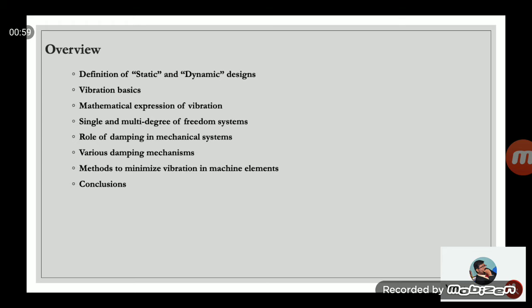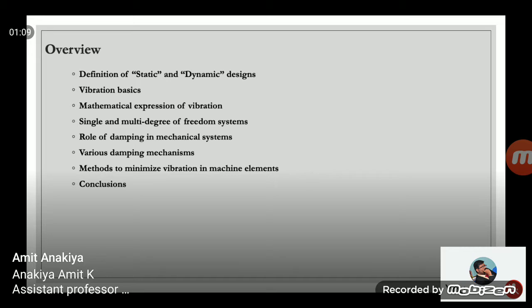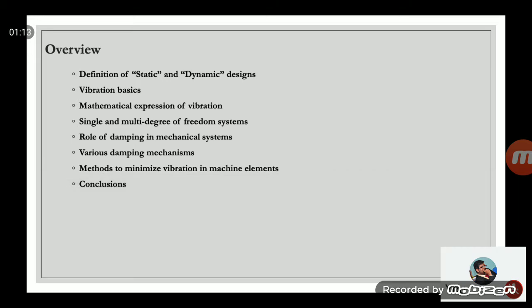Damping plays a big role in checking or reducing vibration levels, and there are various damping mechanisms. Then, what are the methods to minimize vibration in machines? With that, I conclude this lecture.